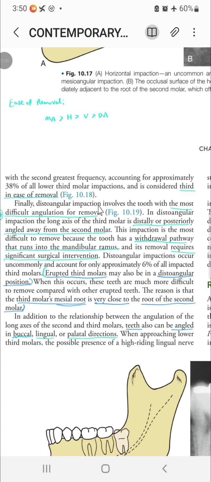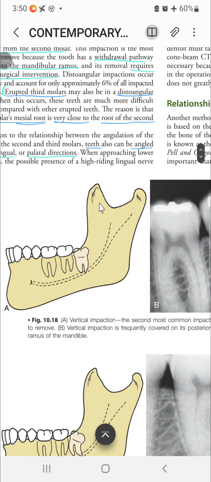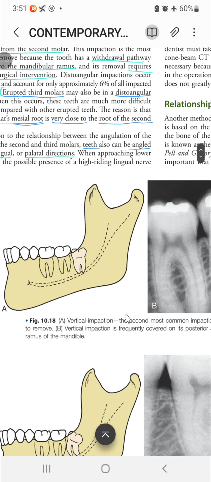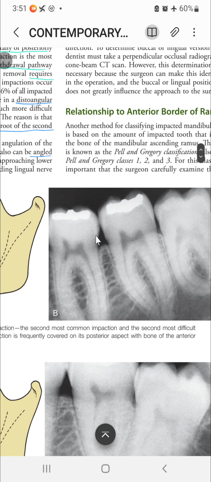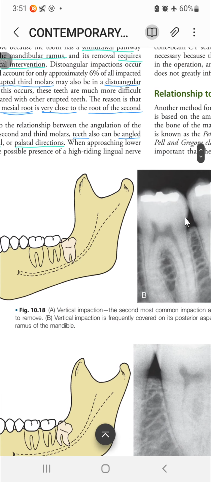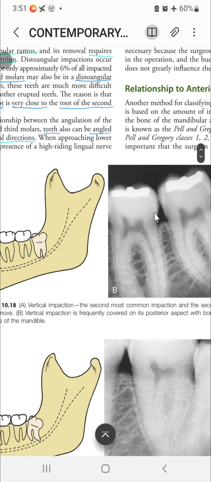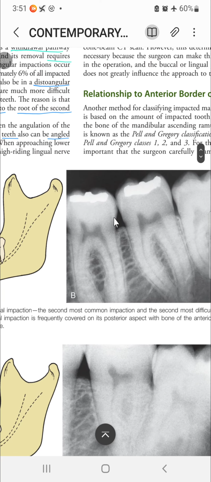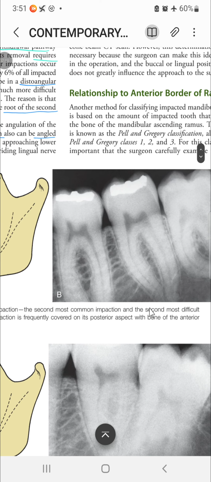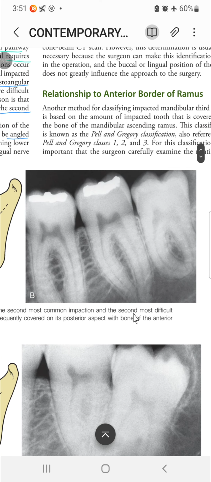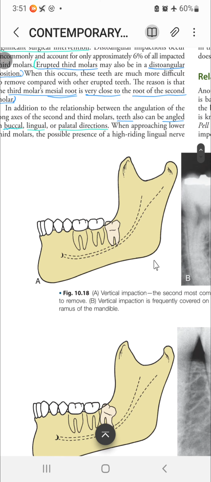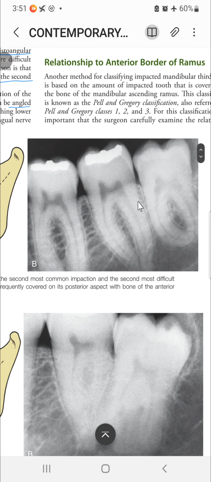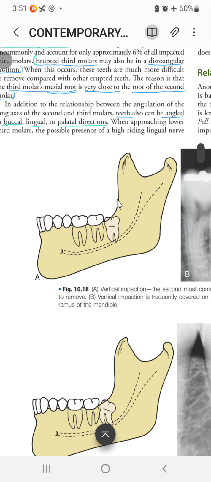You can see in figure 10.18 the vertical impaction, which is the second most common impaction and the second most difficult to remove. The vertical impaction is frequently covered on its posterior aspect with the bone of the anterior ramus of the mandible.